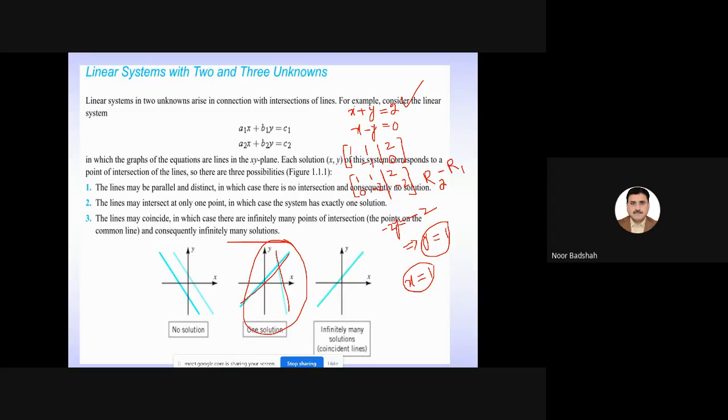Okay, next one. Consider the system x plus y is equal to 2, whereas x plus y is equal to 3.